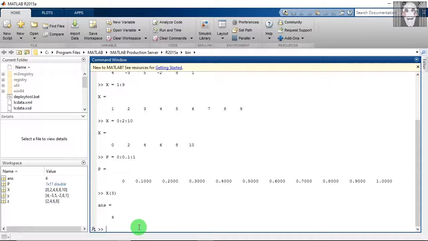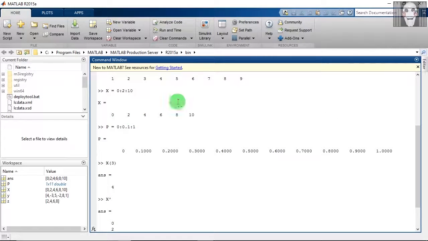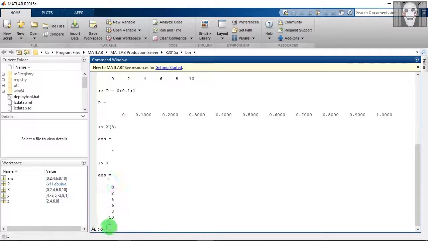If you want to find the transpose of a vector, you can type this x and a prime and press enter. So now your vector x is transposed from a row vector to a column vector. You can also perform mathematical operations on vectors.